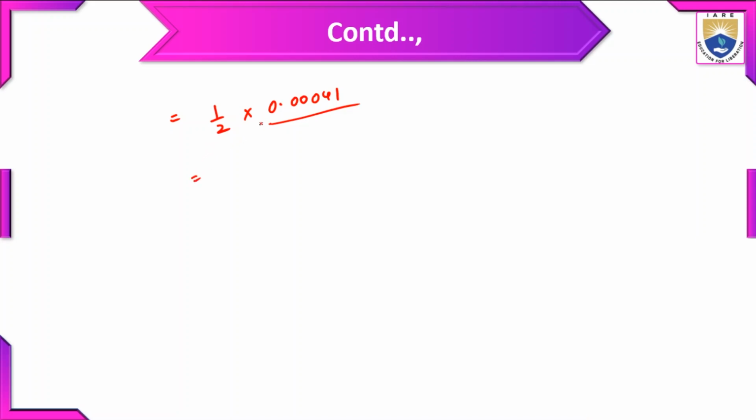So simply you can mention it as 2.05 into 10 power minus 4. Okay, so this is the answer. This is the probability of error, 2.05 into 10 power minus 4.